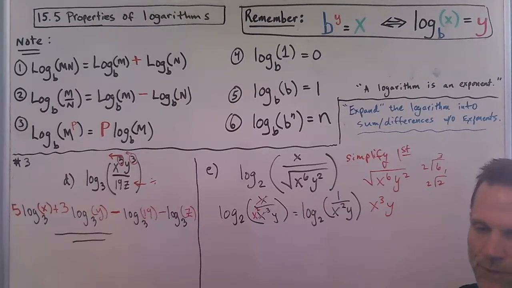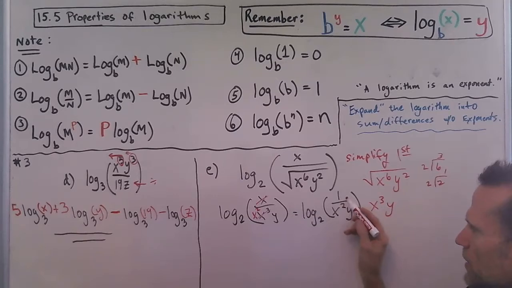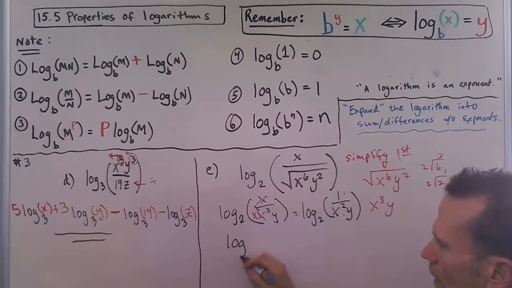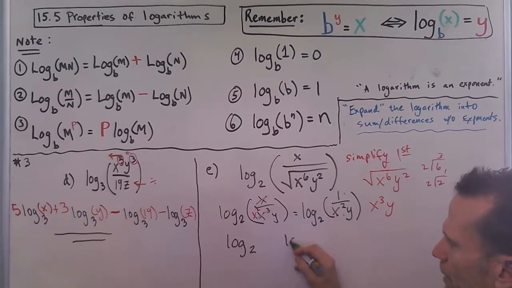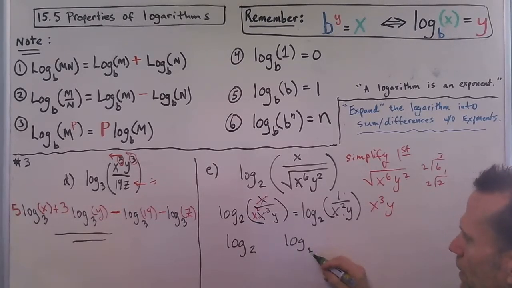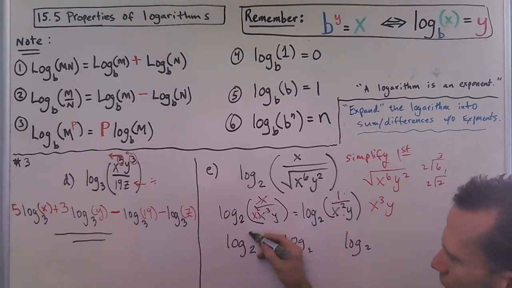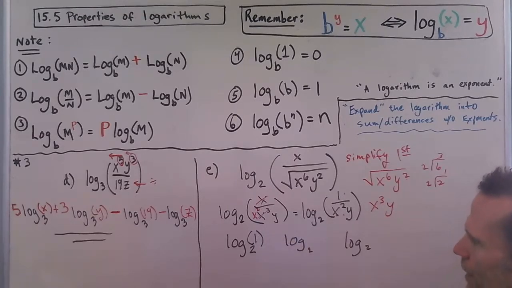So I just wanted to add a problem like this into your notes. So now I see 1, 2, 3 pieces. So I'm going to write log base 2, log base 2, log base 2. All right. Well, let's see. The 1's in the numerator, so I'm going to put 1.